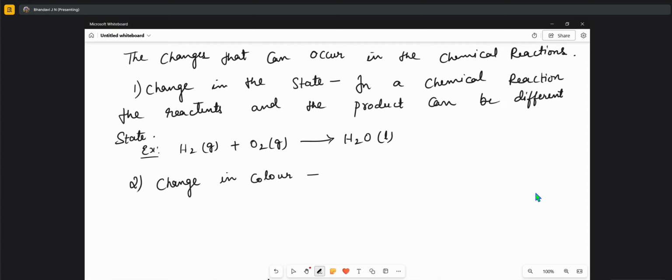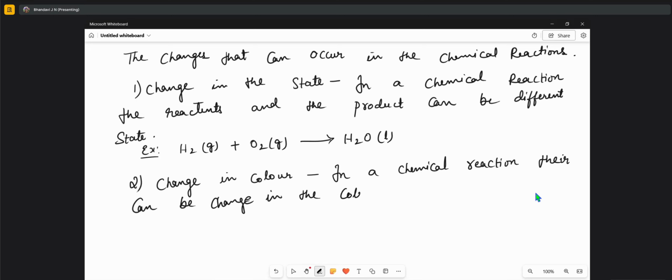Next is a change in the color. In chemical reactions, there can be a change in the color of the product.